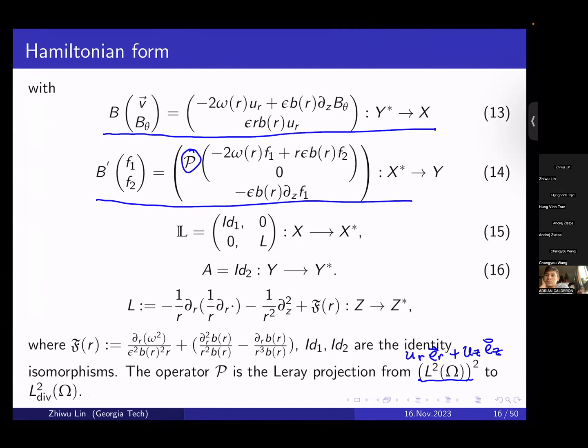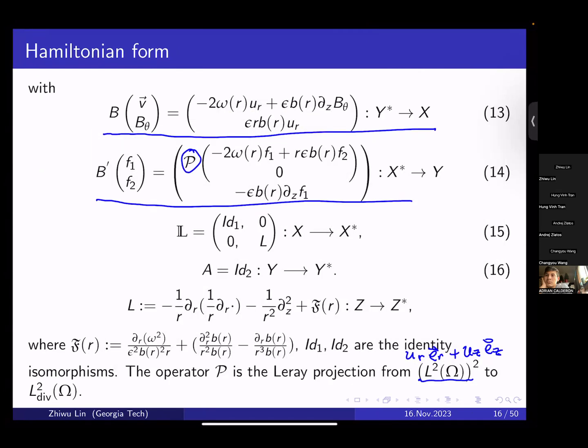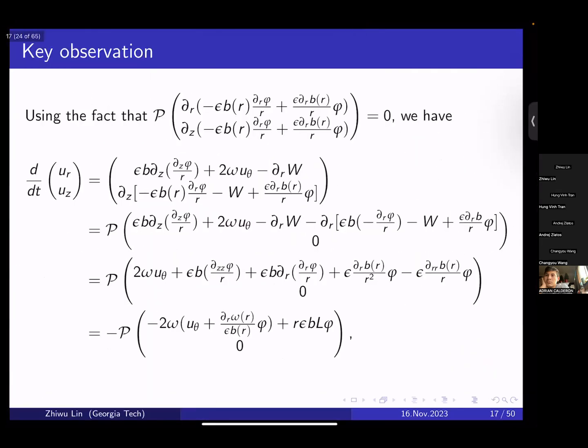The left upper entry is identity, and the right bottom entry is the L. So this L is a very important operator. We load it here. The operator L is of the following form. Let me highlight this operator.